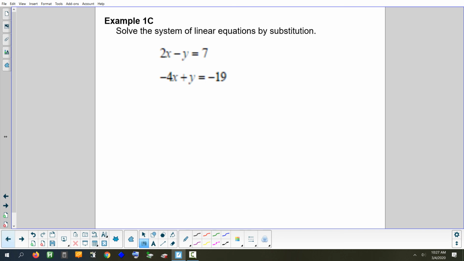Which equation here do you think is going to be the easiest to get a letter by itself? The top or the bottom? Well, you're looking to get a letter by itself that just has a 1 next to it. Does the top one have a variable with a 1 next to it? Yeah, but it's negative, so it's not a 1, it's a negative 1. How about the bottom equation?